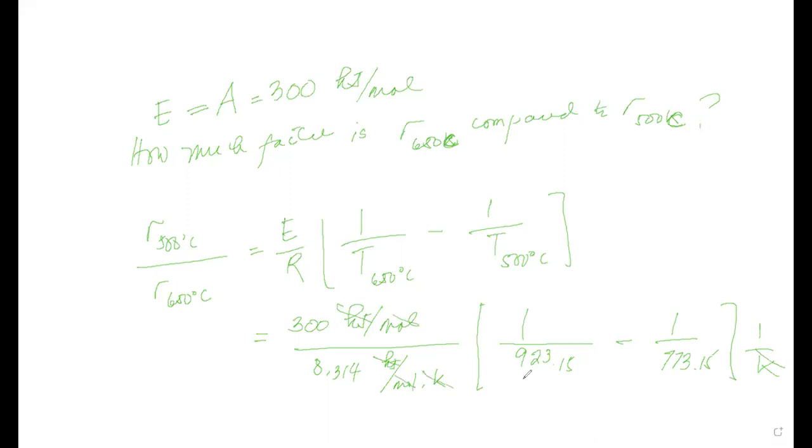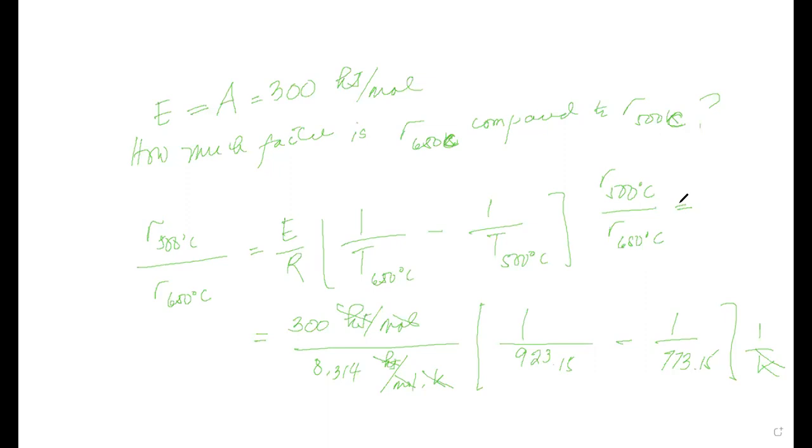Okay? Your rate at 500 degrees C is equal to, what's your answer? 300 divided by 8.314 times 1 over 923.15 minus 1 over 773.15.